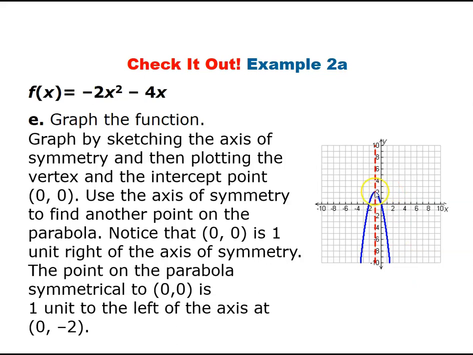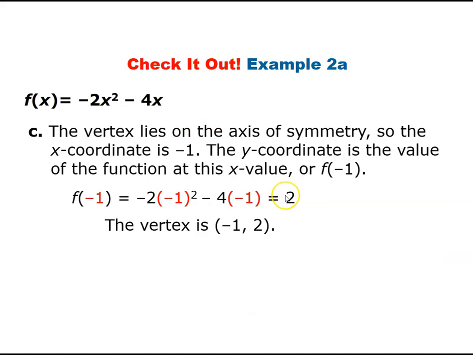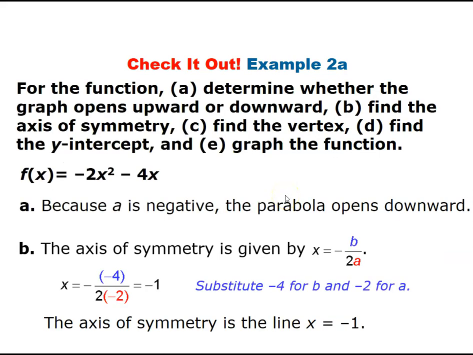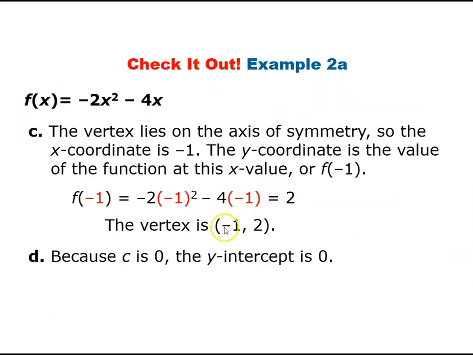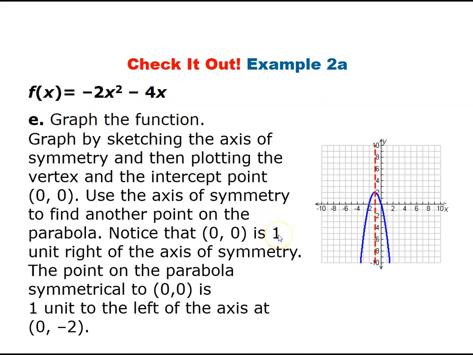The vertex is, we have negative 1, and what is our vertex again? Go back to the equation. The vertex is negative 1 and positive 2. Then the function crosses 0.